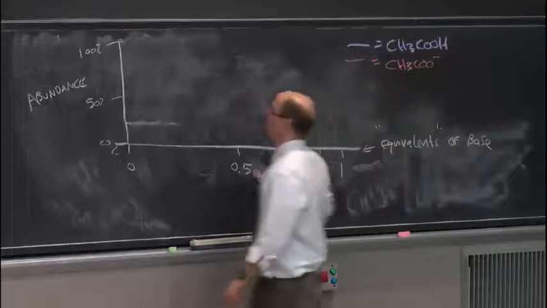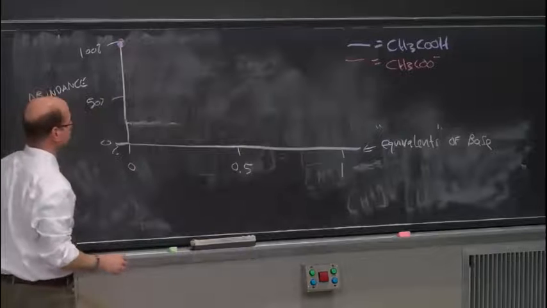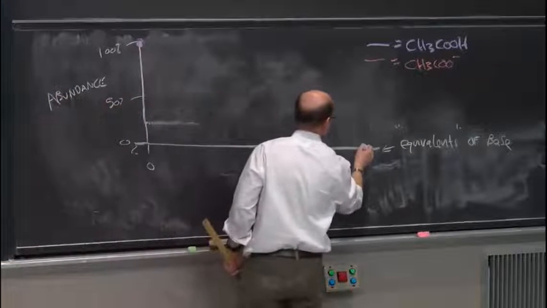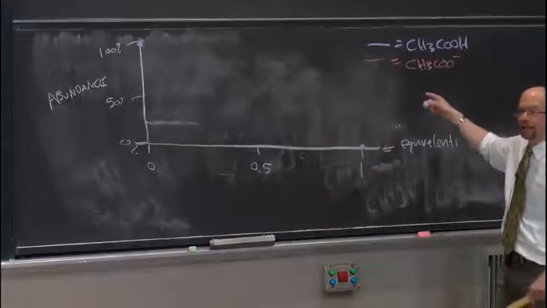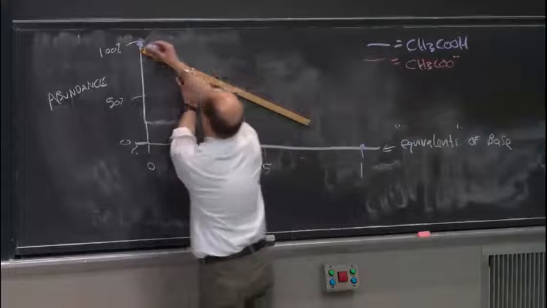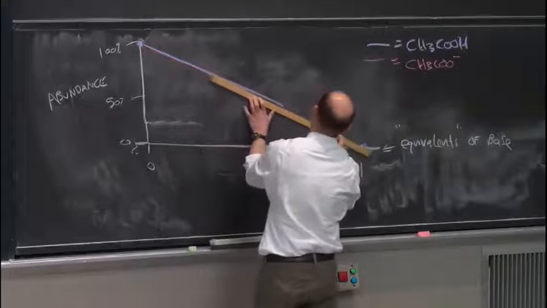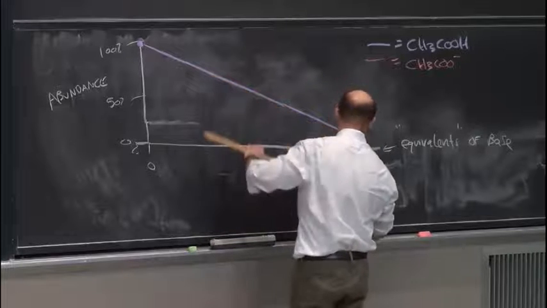When I start, very little of the acetic acid is dissociated. But once I add an equivalent amount of base, I'm going to have converted all of the acid into its conjugate base. So if I draw a line that represents this, this is what I get.